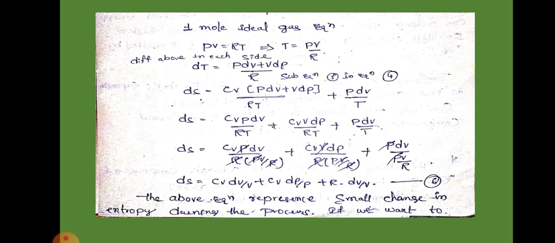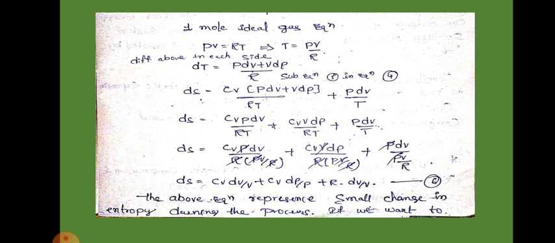According to the one mole ideal gas equation, pv is equal to RT, but T is equal to pv by R. Differentiate the above equation on each side, that is dt is equal to (p dv plus v dp) by R. Substitute equation number 5 in equation number 4.